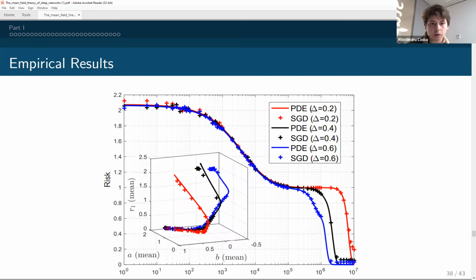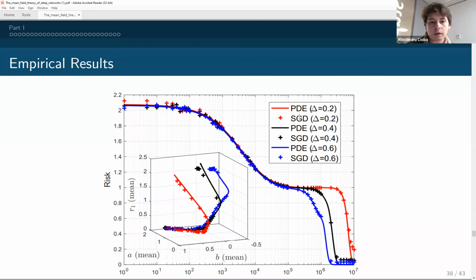And you can also see the same risk in terms of, in this case, the number of iterations across different separation parameters delta.